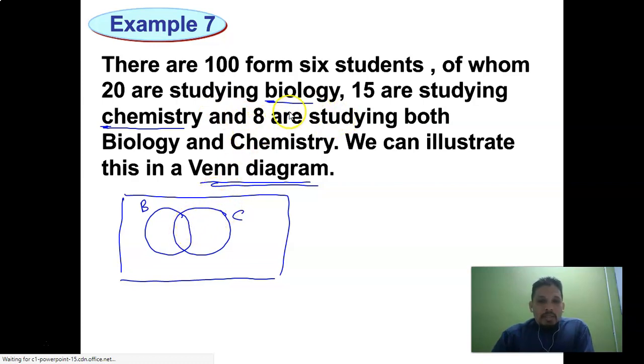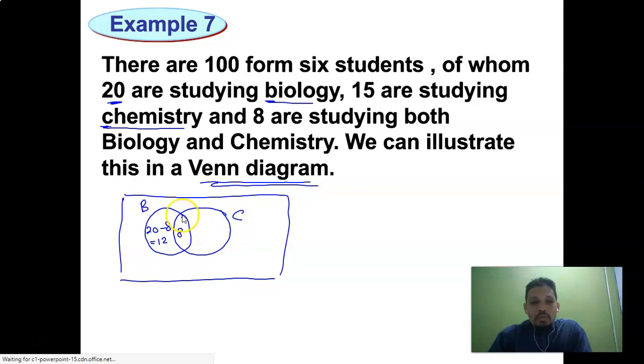So the students that study both is 8 here. Okay. Are we going to write down 20 according to the statement? Are we going to write down 20 here? No. This is 20 minus 8, which is equal to 12.